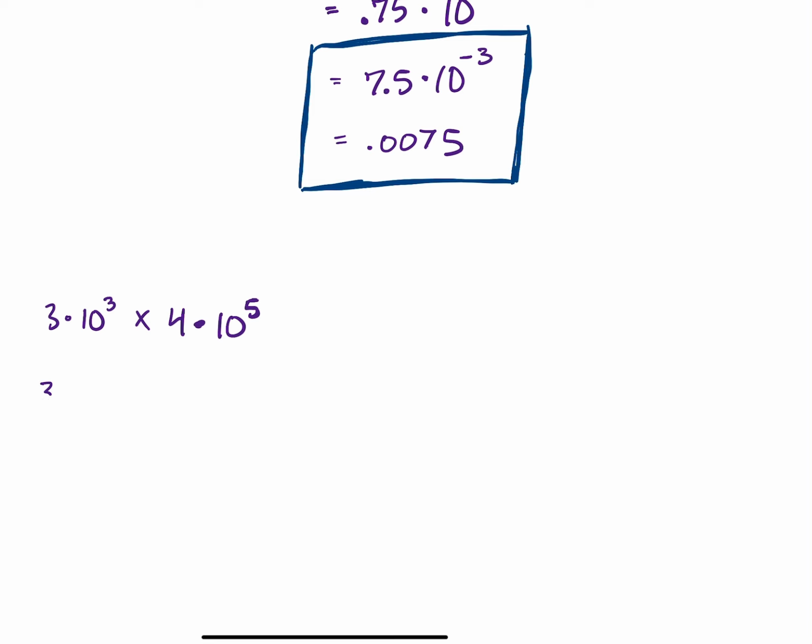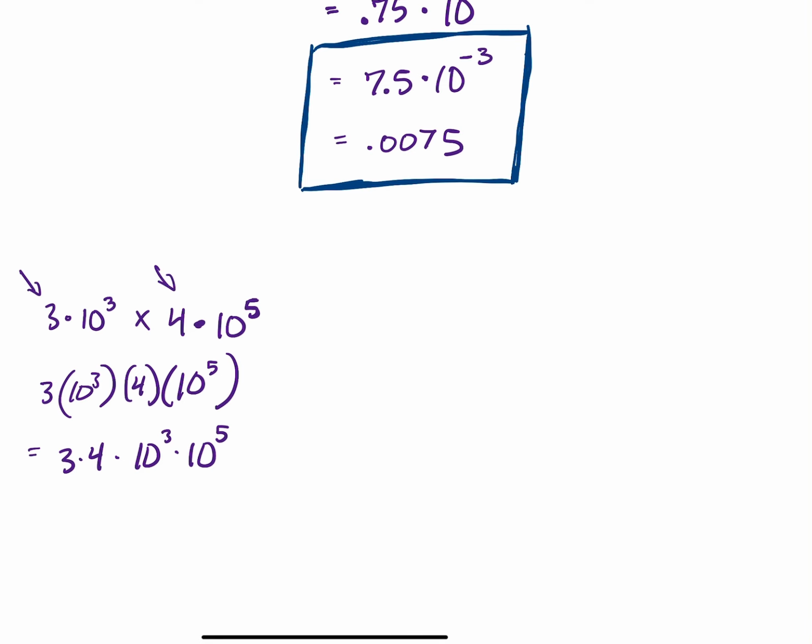So to write it in another way, 3 times 10 to the third times 4 times 10 to the fifth. And we can rearrange this a little bit. This would be 3 times 4 times 10 to the third times 10 to the fifth. So the 3 and the 4 will multiply. So that would give us 12 times 10 to the third times 10 to the fifth.